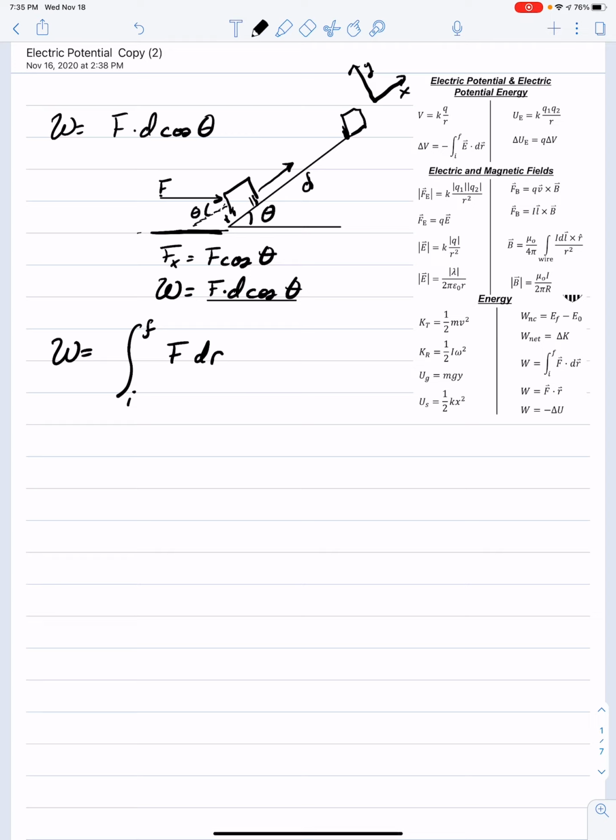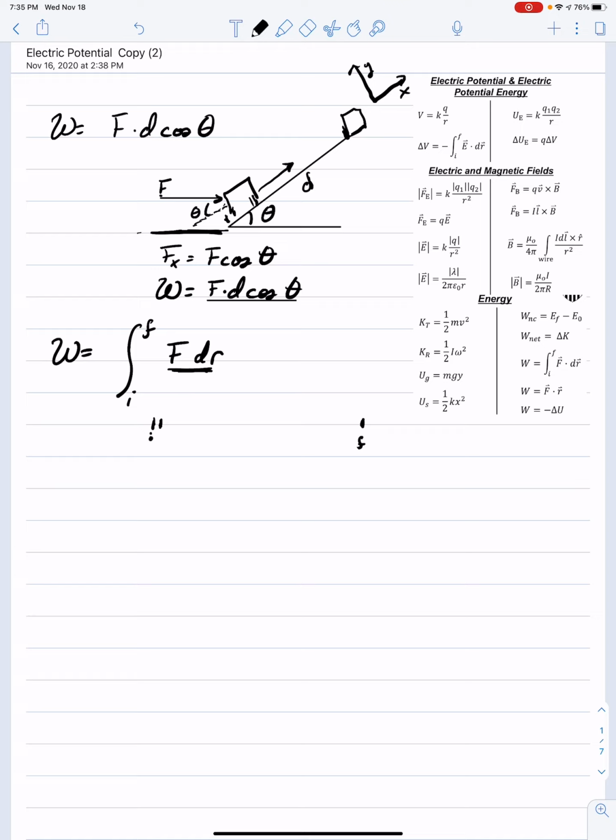So what an integral does is it takes, from the initial and the final distances, an infinitesimal distance, a very small, minute distance. That's what this is right here, in the work that we're calculating.